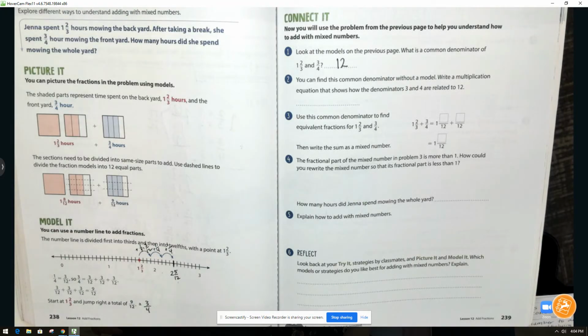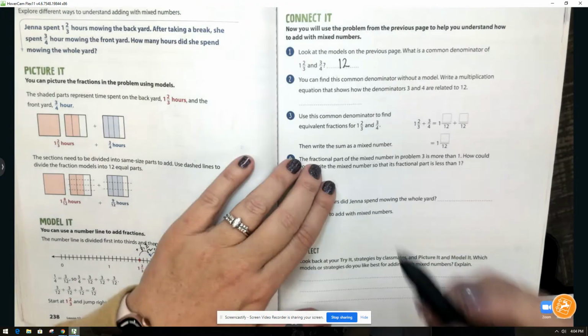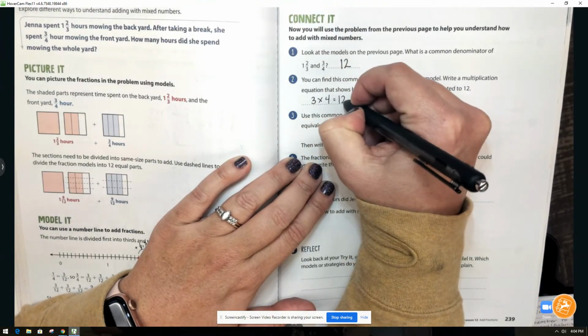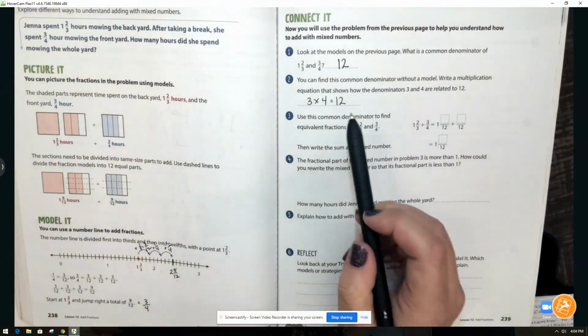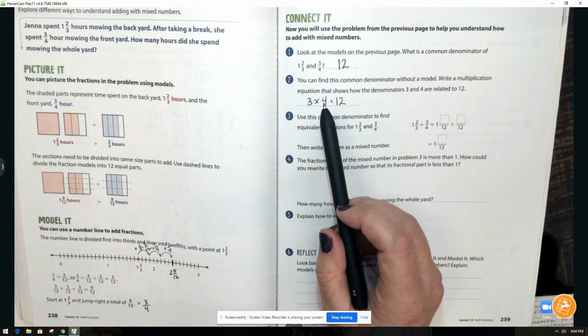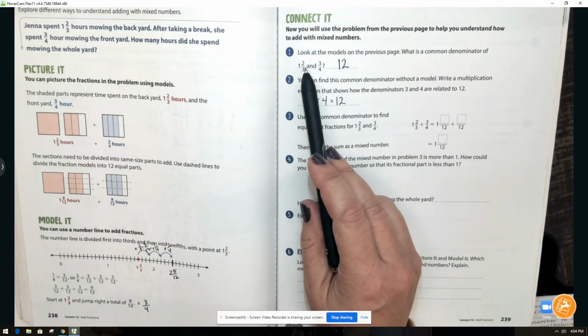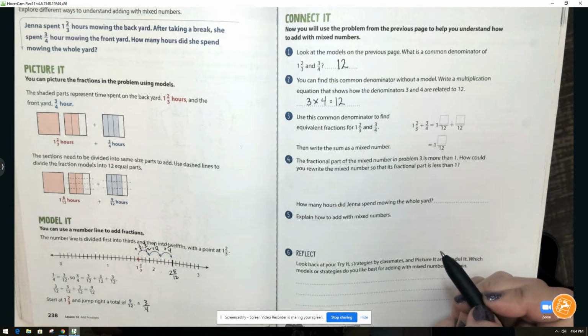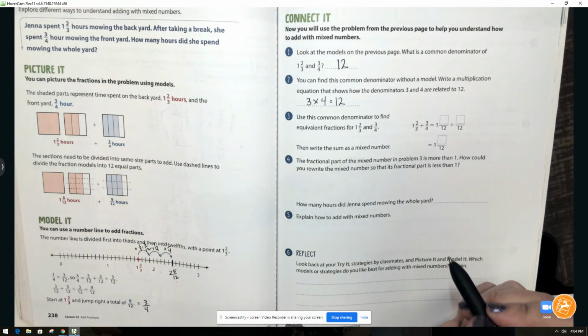So as I mentioned earlier, we know that 3 times 4 equals 12. So sometimes the lowest common multiple is simply multiplying the two denominators times each other to find a common denominator. You won't always use that method, but it is a method that can be used.